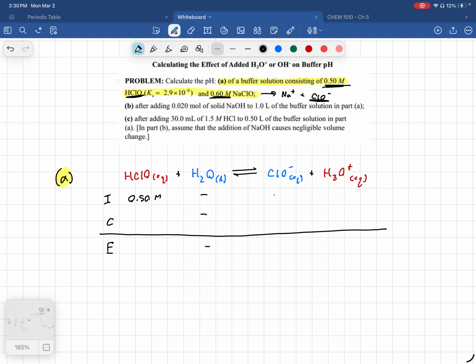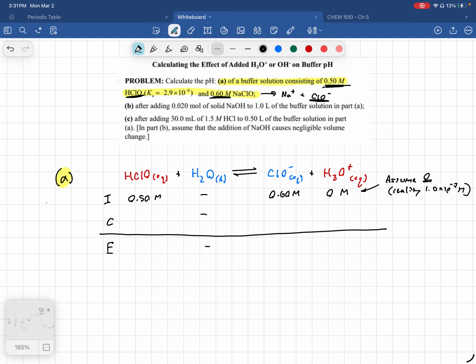We can ignore it. So 0.60. And then for our H3O plus, we're going to assume initially that there's none of this. But remember, assume 0, but in reality this would start at 1 times 10 to the negative 7th moles per liter, because that's the natural quantity of H3O plus in pure water. But to make our math easier, we will make the assumption that it's 0, and it'll make our ICE table so much easier to solve, right?